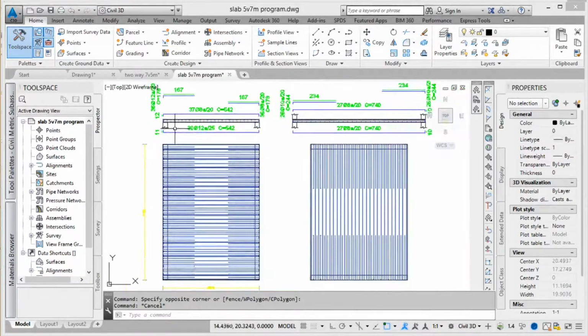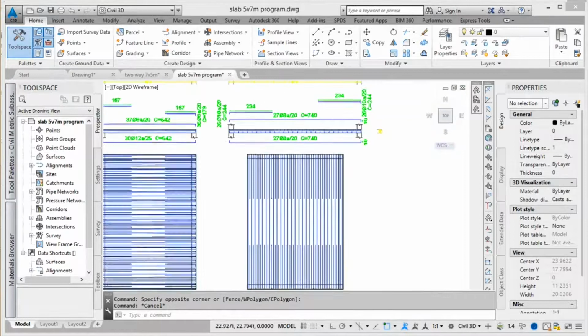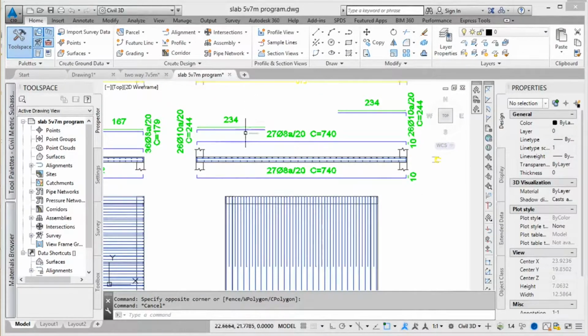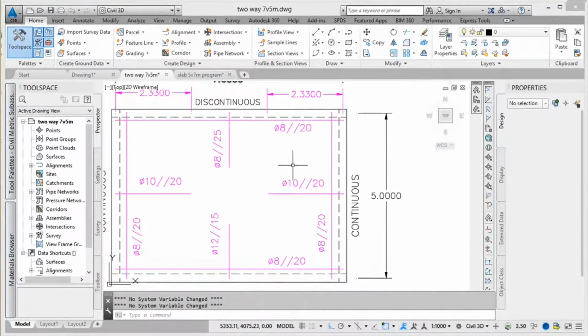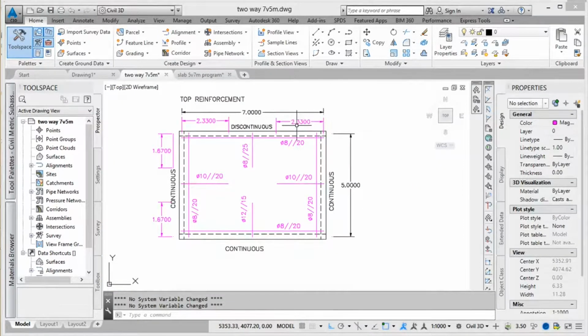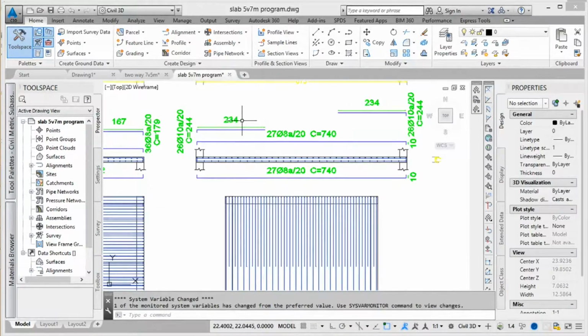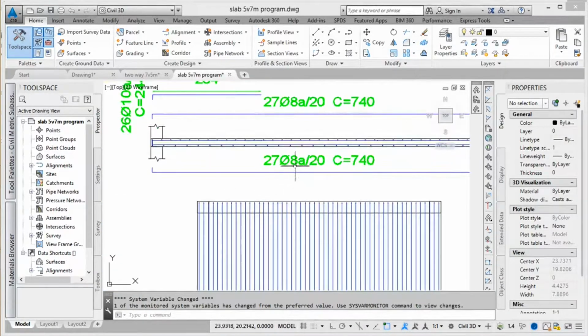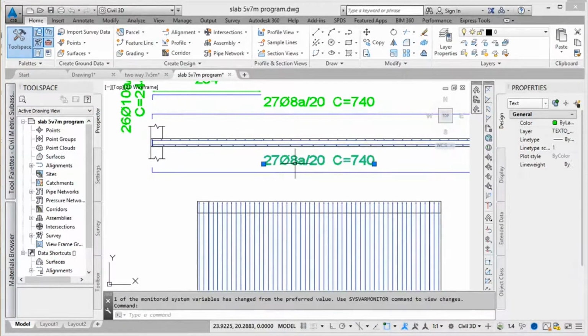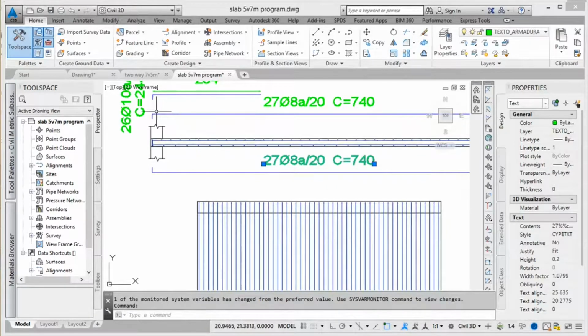And so now going to the longer span, the 7 meters, 1/3 of the span was 2.34 here in the program, and in our calculation it was 1.34 rounded, so it's exactly the same. On the bottom, it gave us a diameter of 8 spaced by 20 in the positive.